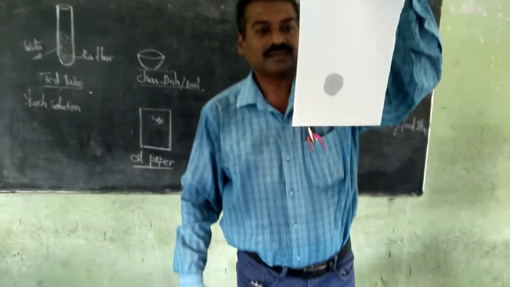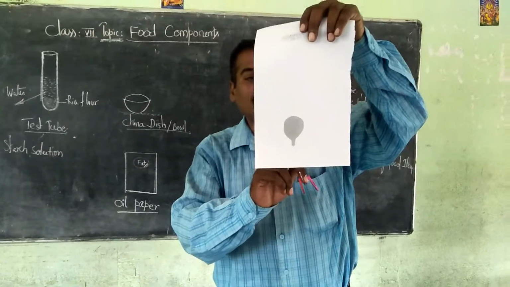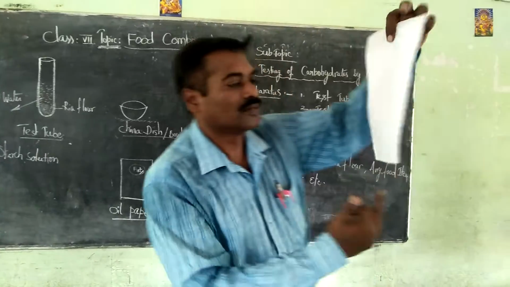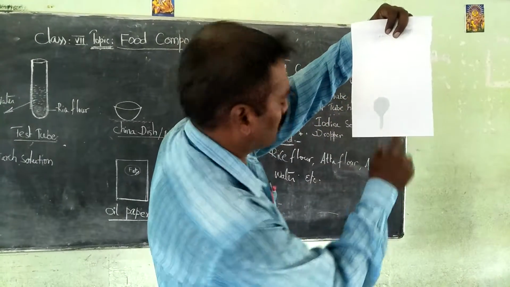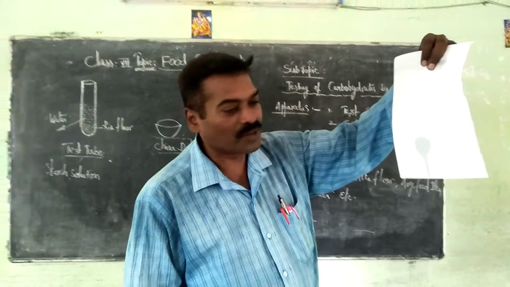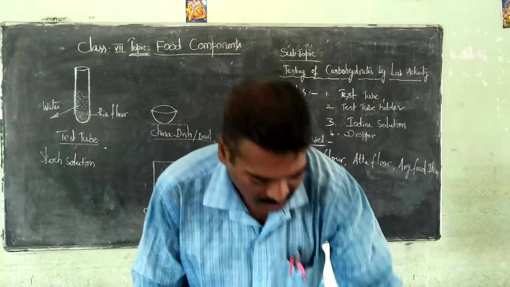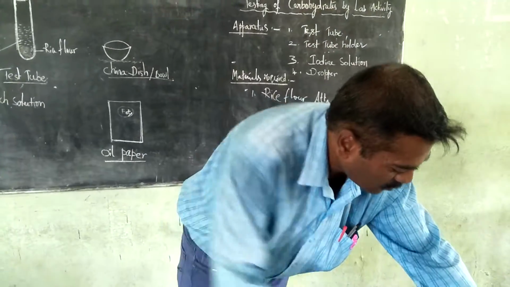See the backside. When you look at the backside, we can see a shadow. See children, my finger can be seen. So for practical demonstration purposes, I am explaining like this. Already I prepared an oil paper for you.